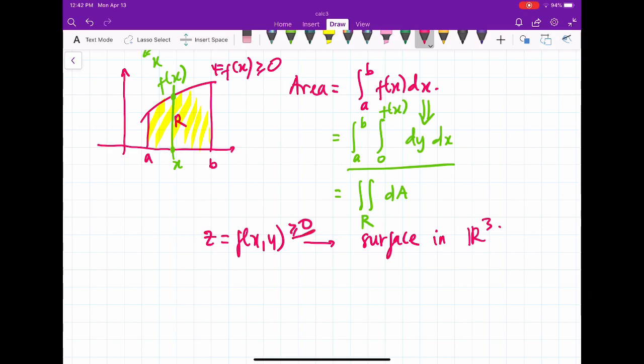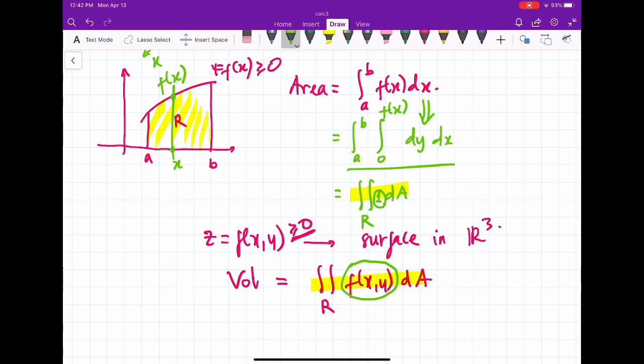And suppose that this is greater than or equal to 0, so make sure that the surface is above the xy-plane. In this situation, the volume is equal to the double integral over R of f of x and y dA. Look at this. What is the difference between this one and the area integral? The difference is in the function, right? Here you have 1. Don't forget that.